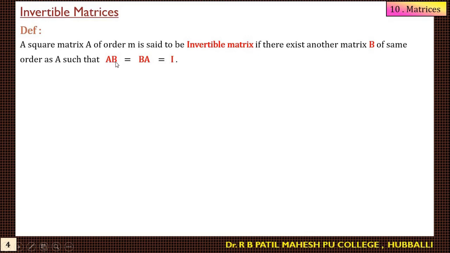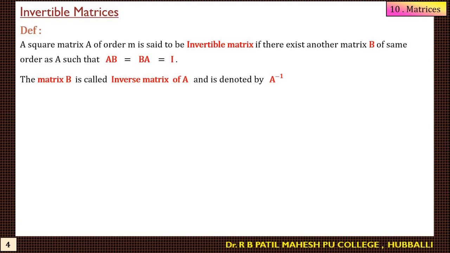Remember, this matrix B is called the inverse of matrix A, and is denoted by A raised to minus 1; we read this as A inverse.